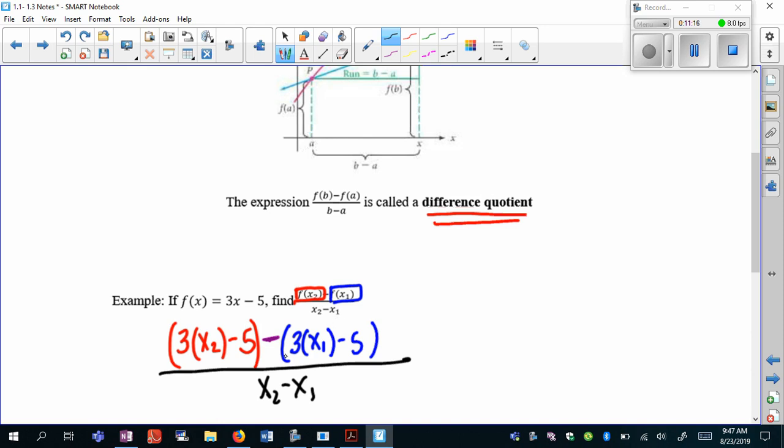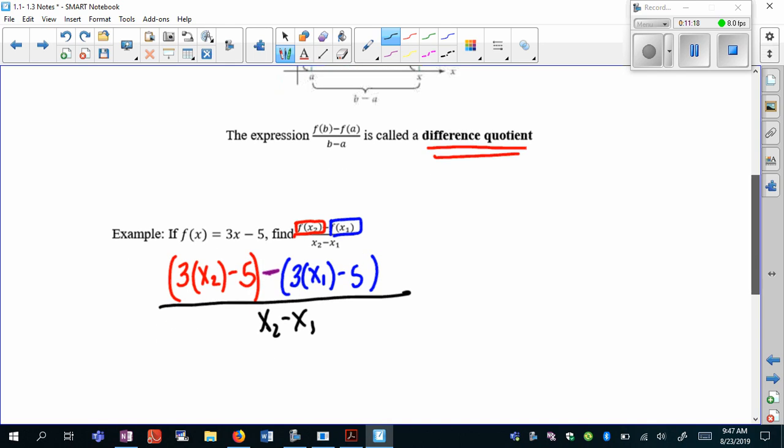So now all I have to do is simplify this. It's a little bit odd because we replace the red and the blue using the input and getting the output. So these are the outputs using x2 and x1 as the inputs. So now we just simplify. The only thing we really have to worry about is this negative up top. So this is going to end up being 3x sub 2 minus 5 on the top.